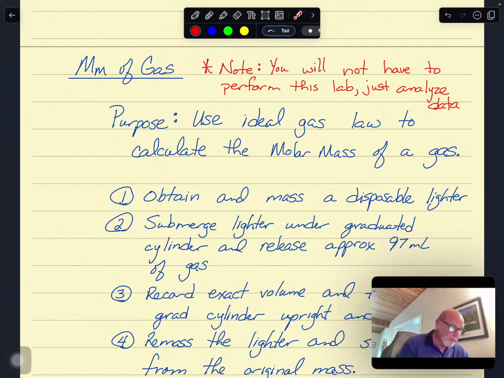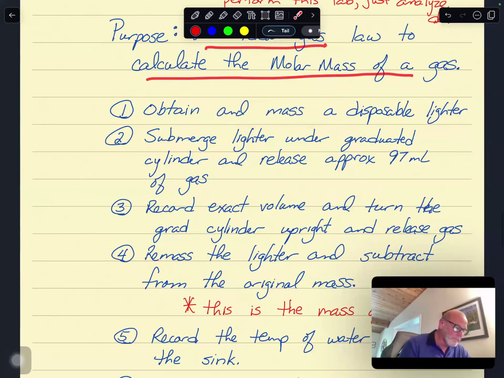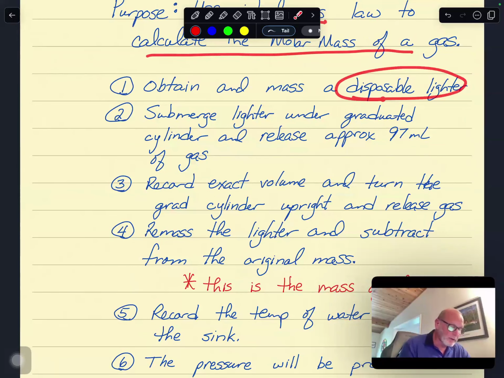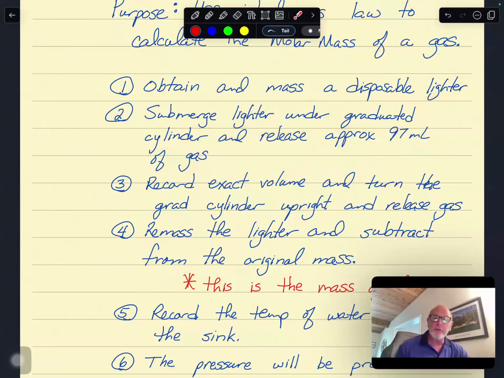The purpose is to use the ideal gas law to calculate the molar mass of a gas. To do that, we would obtain a disposable lighter. Right? We would mass it, put that lighter underwater, and release about 97 mils of gas into a graduated cylinder.